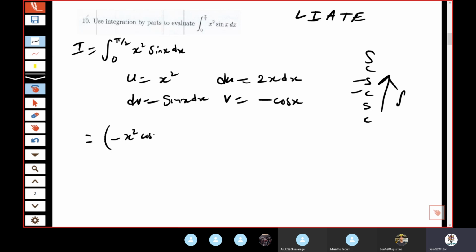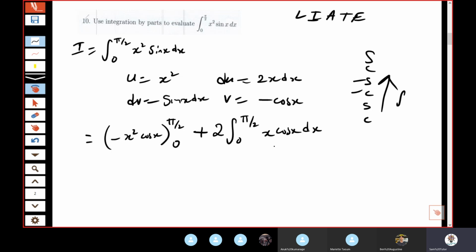Negative x squared cos x with our limits, minus these two multiplied. So that's a negative, which makes this into a plus. That's a constant 2. I can keep that on the outside, and then I've got my limits. And then again, I think about it, I'm like, great, I reduced it by 1, but this is still here.